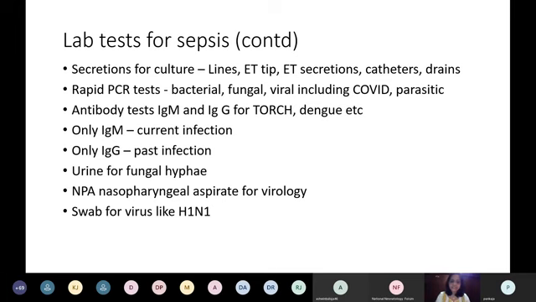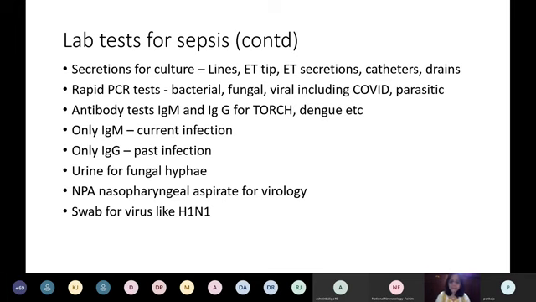The newer method of confirming this is for when we do not have enough samples. Whenever we do a blood culture, we know that less than 50% of the time it comes positive, though it is the gold standard. So what do we do in the remaining 50% of the time? If you want definite confirmation that we are dealing with sepsis only and nothing else, we can go for the rapid PCR test, which is going to identify the pathogen.